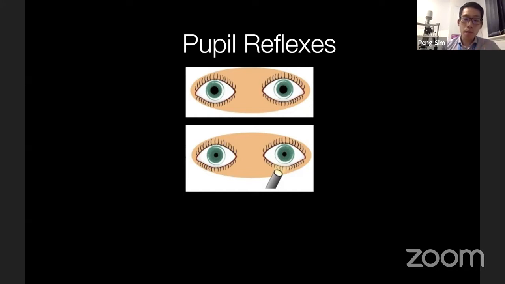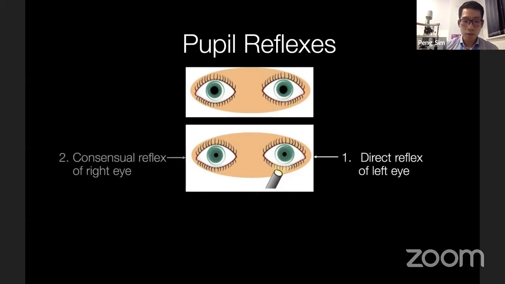Once you're happy that both direct and consensual reflexes are present, then you would proceed to do the swinging torch test. And that's to test for relative afferent pupillary defect.